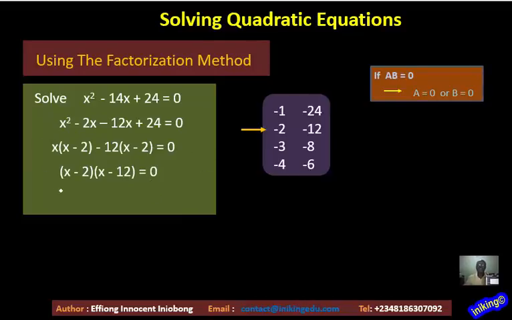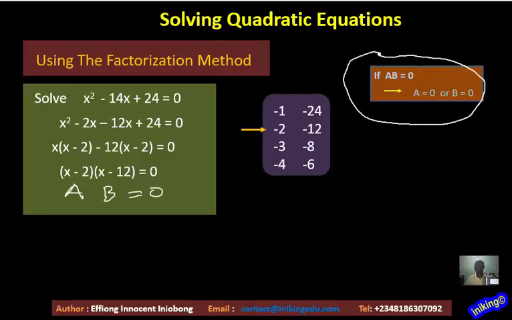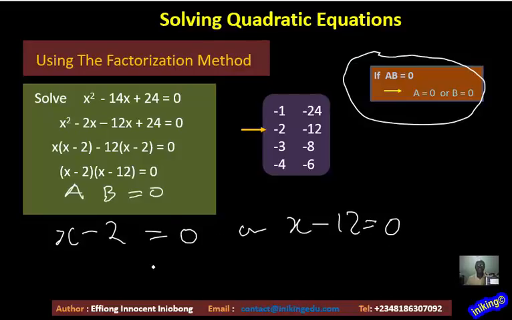If two numbers a and b multiply to give us 0, a times b is equal to 0, then one of them must be 0. It's either a is 0 or b is 0, which implies that x minus 2 is 0 or x minus 12 is 0, which implies that x is equal to 2, or from the other side, x is equal to 12.